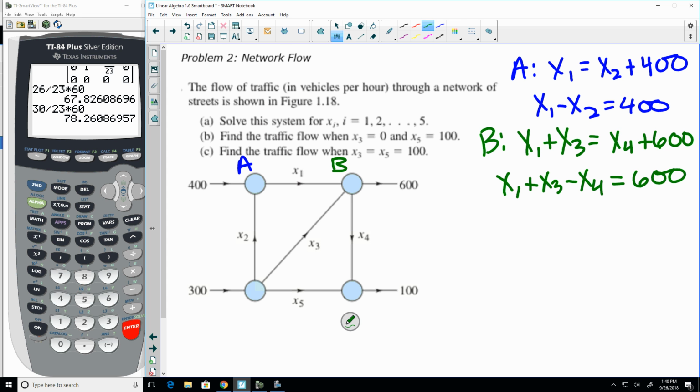The arrows tell you which way it's going, so you need the arrows. In B, x1 is going in and x3 is going in, and x4 is coming out, and 600 is coming out. What goes in has to equal what comes out, so no cars are created or destroyed in the intersection.